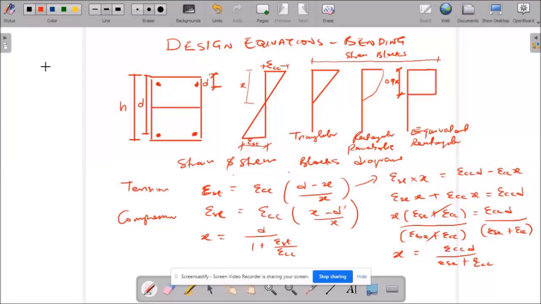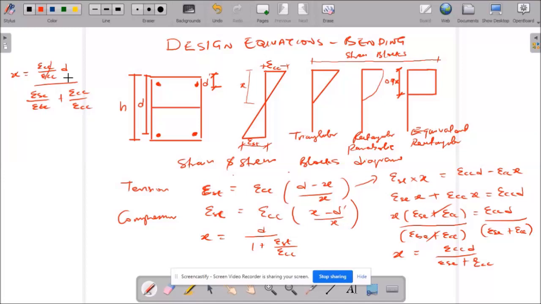Our x will be equal to Ecc over Ecc d over bracket Est over Ecc plus Ecc over Ecc.